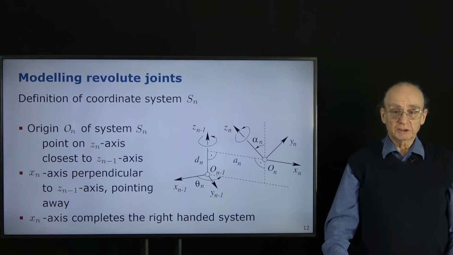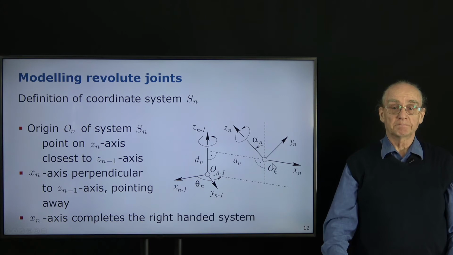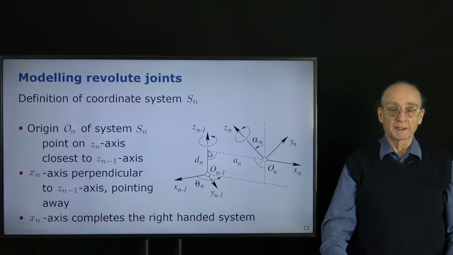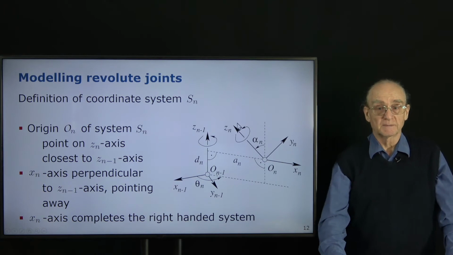Now, the definition of the coordinate system in the new frame n on this line ON is given by this point, which is closest to the Zn-1 axis. So we have the point. And then we have to fix the coordinate system. Of course, we have the z-axis. We always rotate about the z-axis.